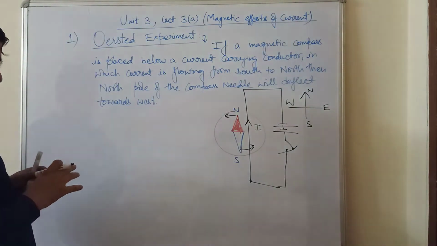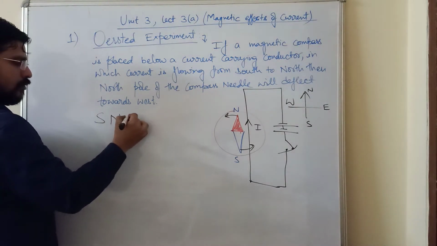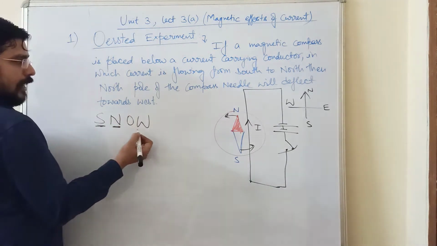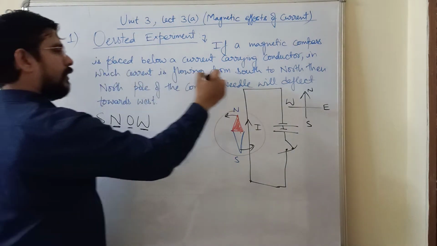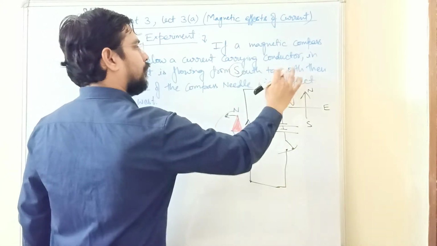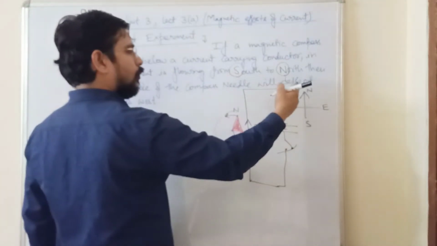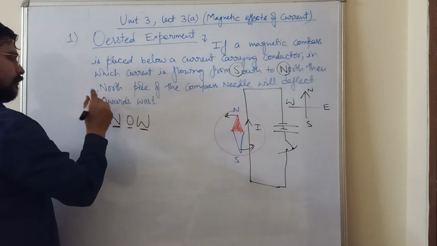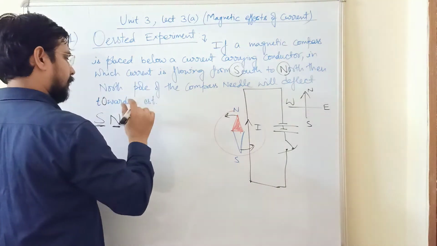So you can also remember this Oersted experiment by the word SNOW, which means current is flowing from south to north and needle deflects towards west. So you can identify these words here. Current is flowing from south to north, then the north pole of the needle will deflect towards west.